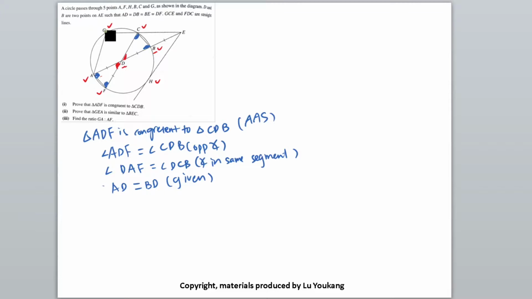And for part 2, we need to prove that triangle GEA is similar to triangle BEC. So let me label GEA first.